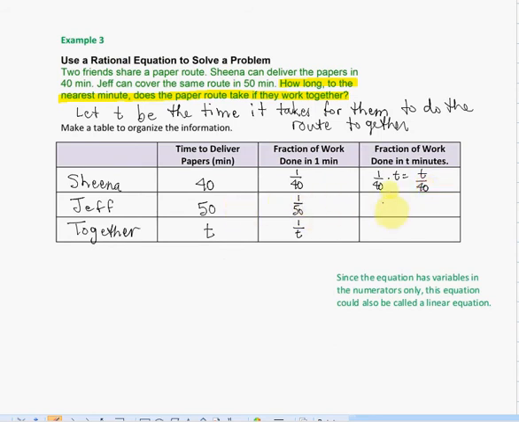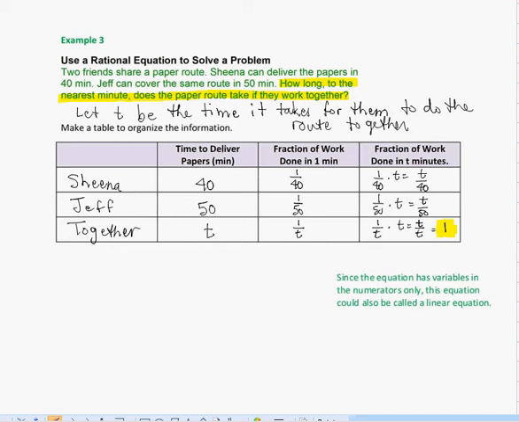And then for Jeff, 1 over 50 times t, which is t over 50. And for the time together, 1 over t times t, which is t over t, which just gives you 1. Just recall from class, this value will always be 1.